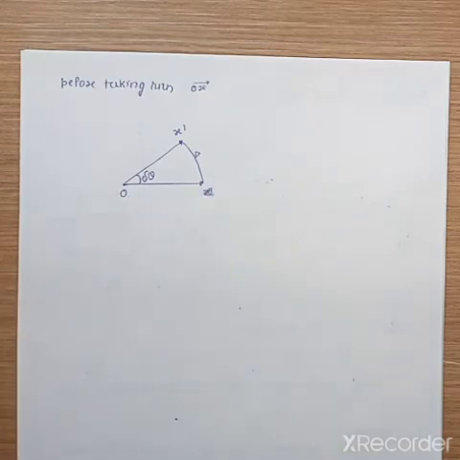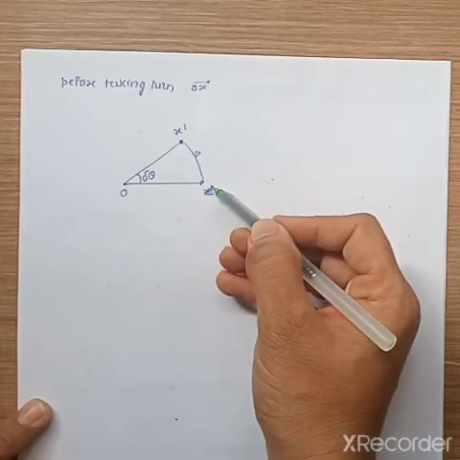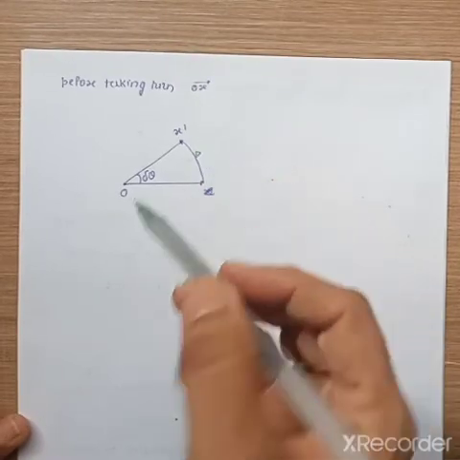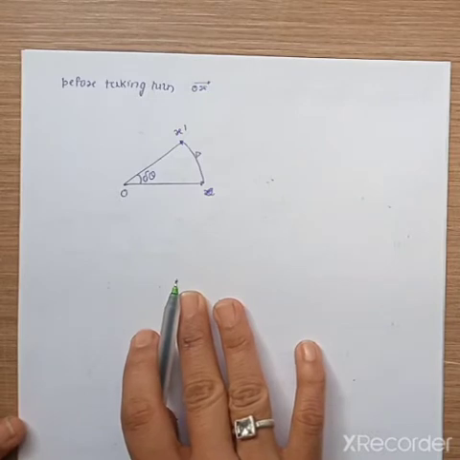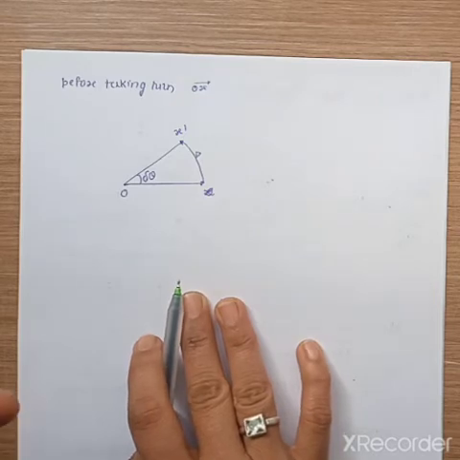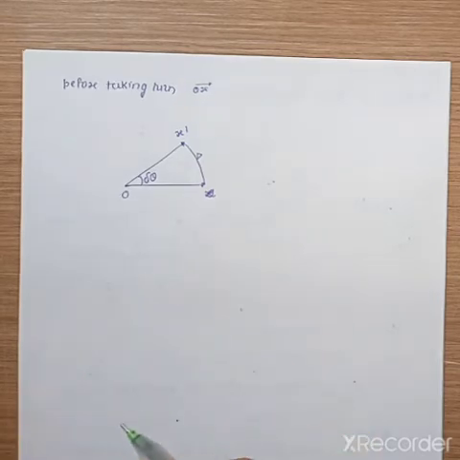Thus the plane of active gyroscopic couple, that is XOY, will be perpendicular to this change in angular momentum vector, that is x dash. In this way we can also find that the direction of active gyroscopic couple is clockwise. Here we can apply the right hand thumb rule, okay. In this case we can also say that the active gyroscopic couple on the plane about axis OZ will be in clockwise direction, and opposite to it, the reactive gyroscopic couple will be in anti-clockwise direction.